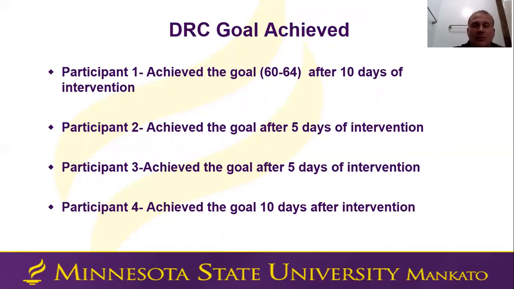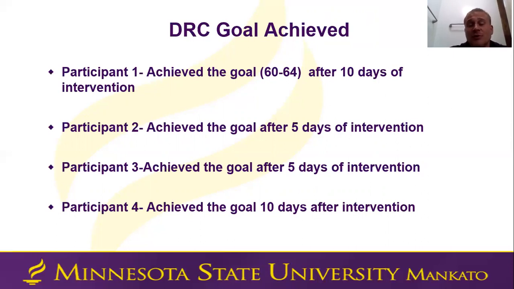We're going to look through some graphs, but participant 1 achieved the goal, which was 60 to 64 points, after 10 days of implementing the second step. The goal was to do it 5 days consecutively. This participant needed to do a second round before meeting that 5 consecutive days of meeting that goal, 60 to 64.